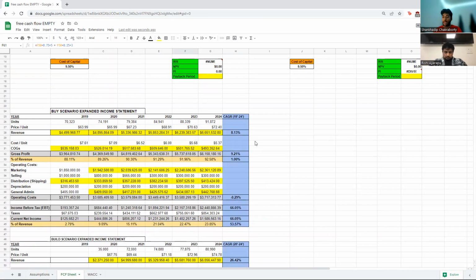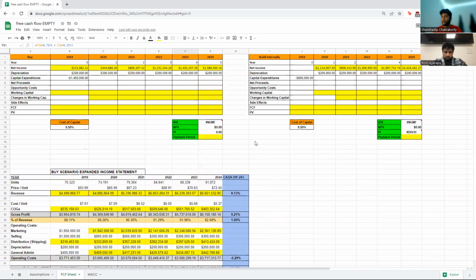Now comes the actual analysis part. So if you look up here, the net income has already been auto-populated, so that's good. We don't have to worry about any of that for both cases. And also, just one more thing I don't think I mentioned, this analysis is very helpful for tracking projects that have different lengths.